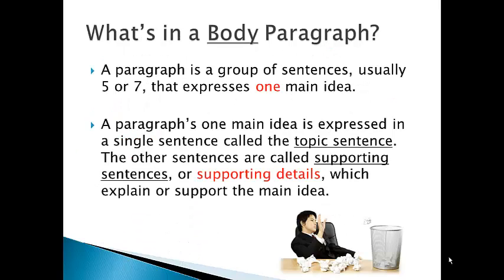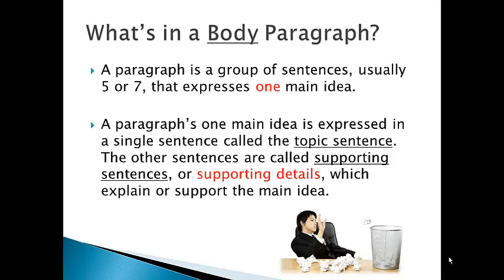So let's break down just a body paragraph. In the slide before, I had 3 paragraphs. It was not a full 5-paragraph essay. It was actually a 3-paragraph essay. Here we'll just call it a research report. The middle of those paragraphs was the body paragraph. So what's in a body paragraph?